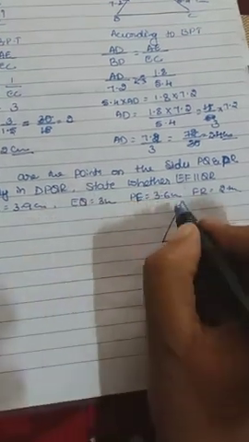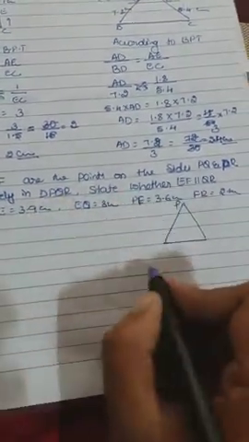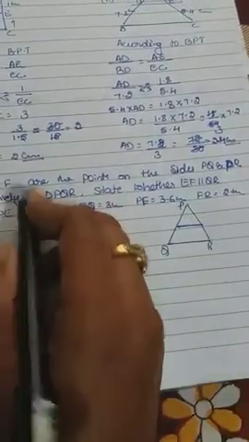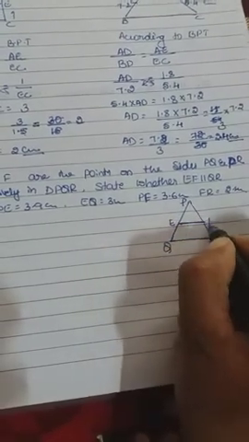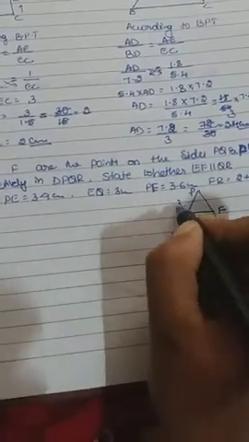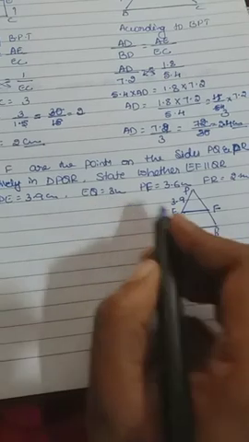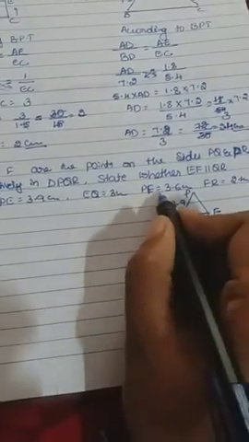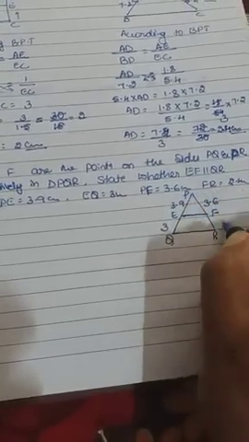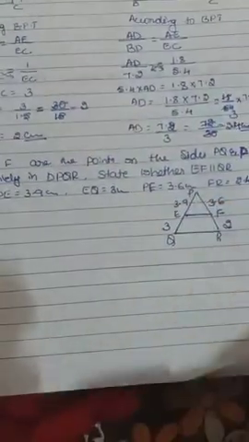They have given triangle PQR, and E and F are the points on the sides. They have provided PE as 3.9 centimeter, EQ as 3 centimeter, PF as 3.6 centimeter, and FR they have provided as 2.4 centimeter, sorry, 2.4 centimeter.